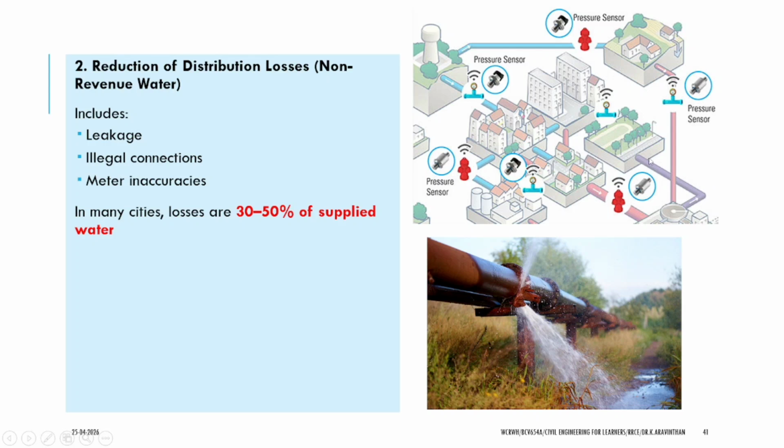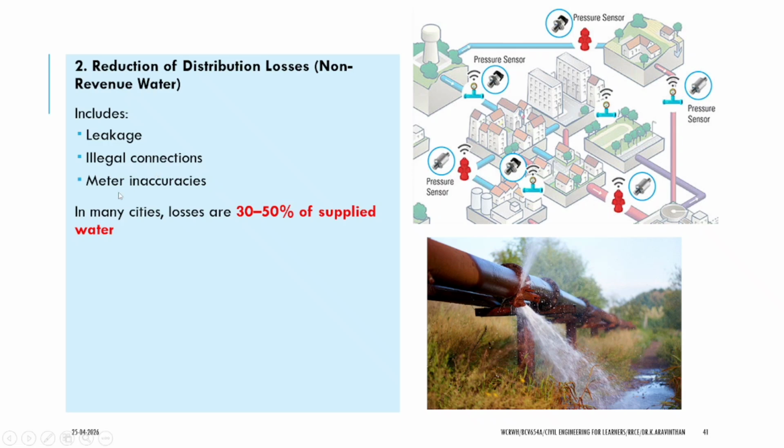When this is being supplied, there might be a leak here. This leak is very hard to identify. Before identifying it, a large amount of water gets lost. This can be due to leaks or illegal connections. Some people might illegally take corporation water without a license.